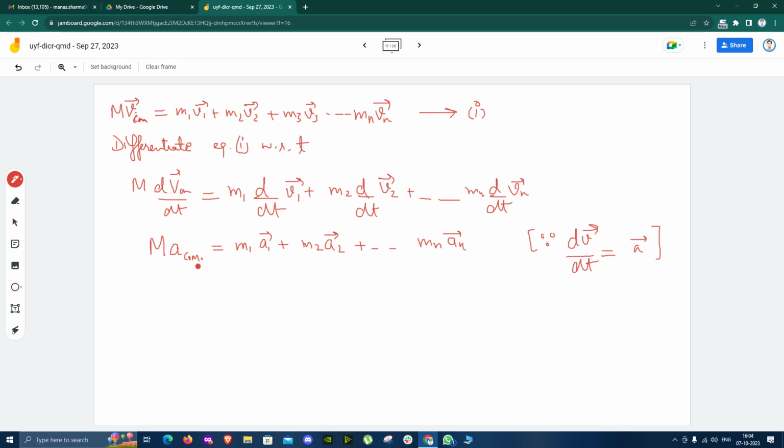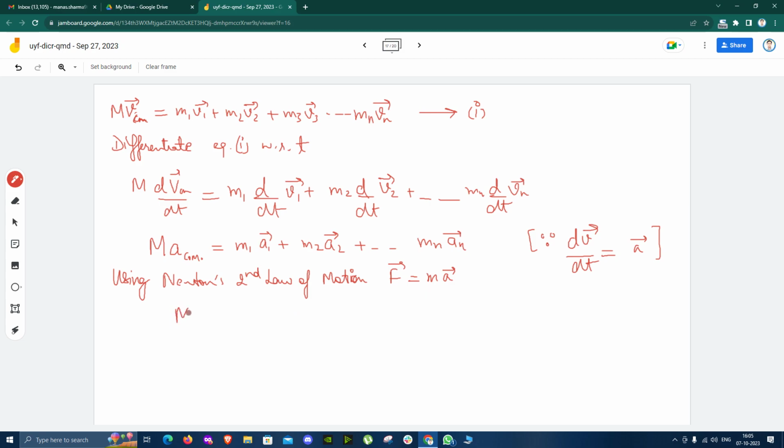Now we have to use the second law of motion. We already know that, using Newton's second law of motion, force is equal to mass times acceleration.